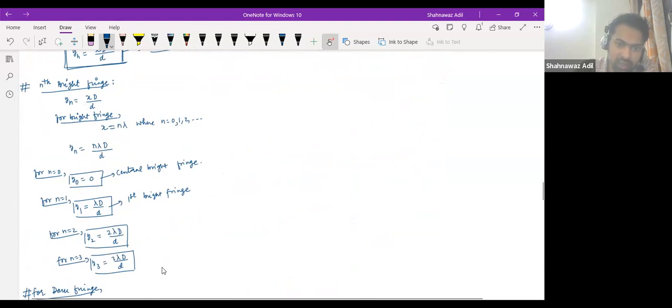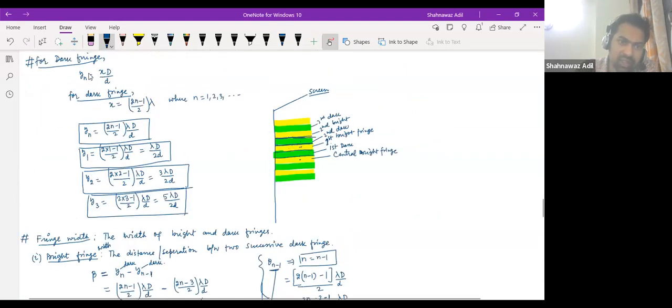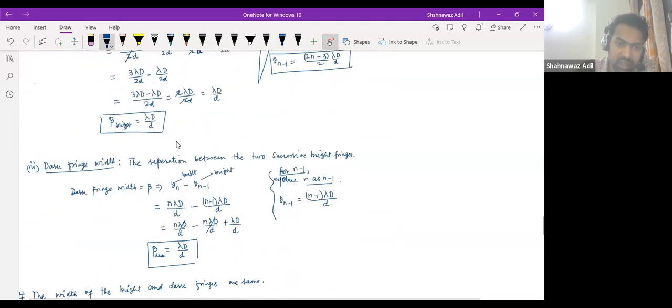Who got disconnected? Aisha got disconnected. So the nth bright fringe was this, n lambda D by d, and the nth dark fringe was this, right? We have to remember these things.